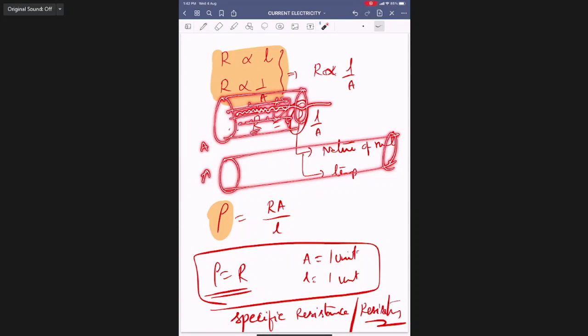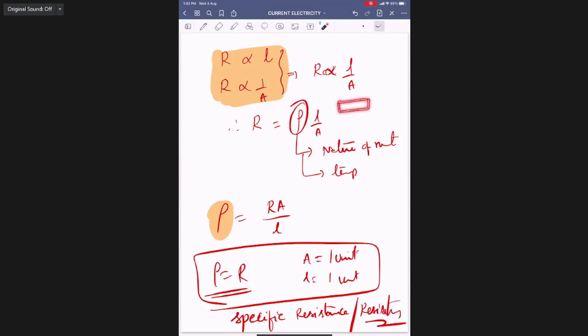In the small length of the conductor, I can encounter very few collisions, so the possibility of collisions is less. Why is it called resistance?